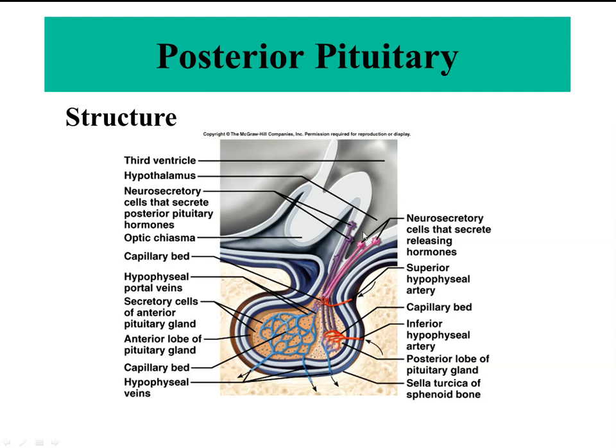And through this nerve impulse here, it causes the release of the hormones from the posterior pituitary, and the hormones are released, picked up by these blood vessels, and again, hormones are carried by the blood to another gland, target cells in another gland, or directly to the tissue, target cells in tissues.